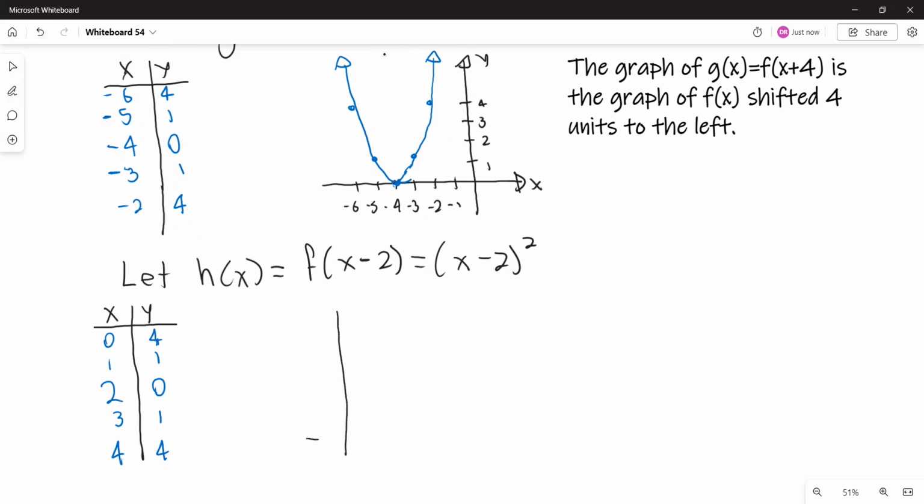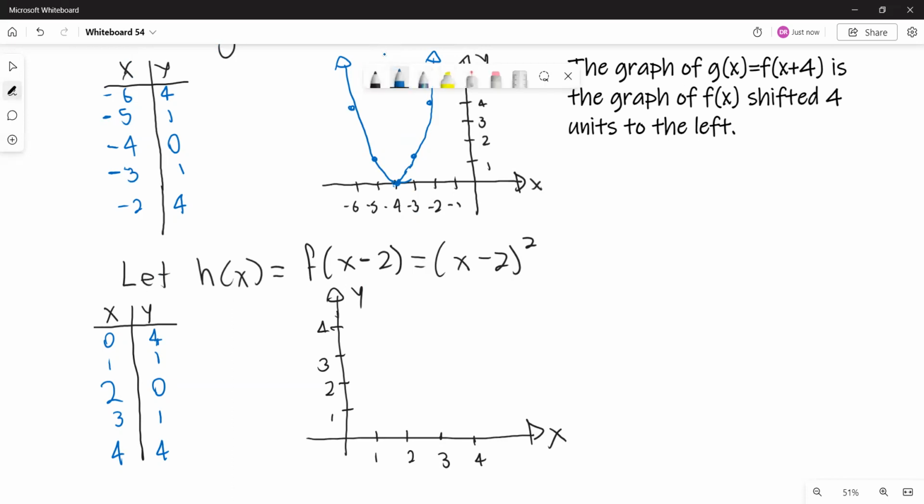And let's plot the points. We got the points (0, 4), (1, 1), (2, 0), (3, 1), and (4, 4).